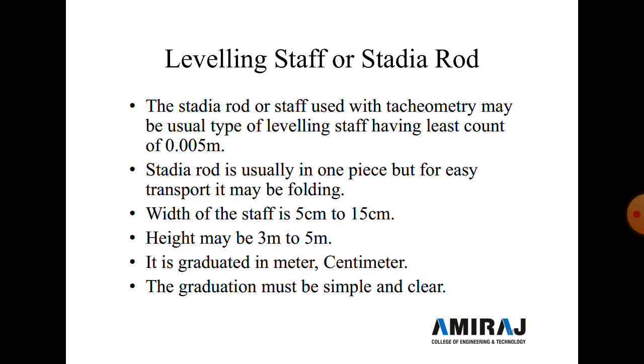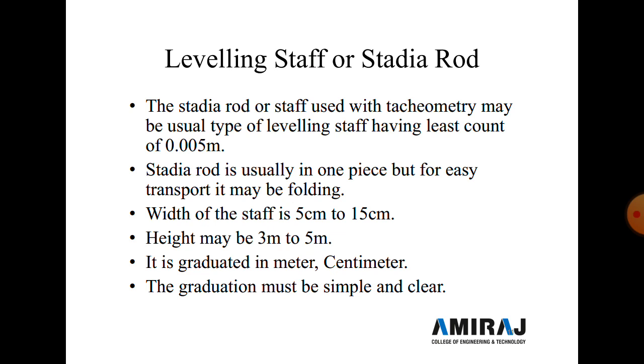A stadia rod is generally in one piece but easy to transport, and it may be folding. The stadia rod is simple and the staff is also simple and easily foldable. The width of the staff is generally 5 to 15 centimeters and the height may be 3 to 5 meters. Generally we use a 4-meter staff in a tachometry survey.